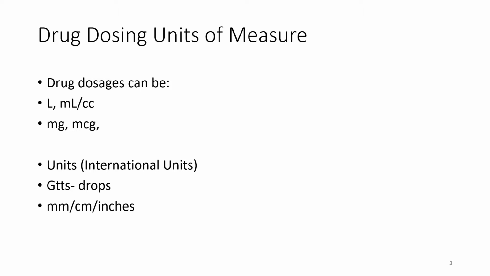Now, when we talk about our units of measure, again, don't forget what you've learned, okay? We always use our decimals for any dose that is, for example, 3.5 mLs or 3.5 milligrams. However, we always want to be mindful of the fact that we do not leave off any leading zeros.